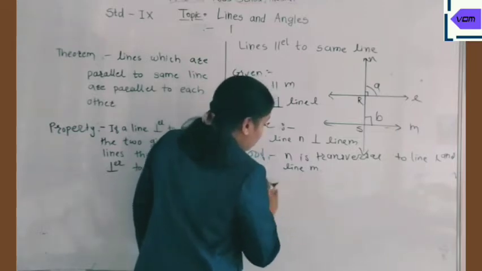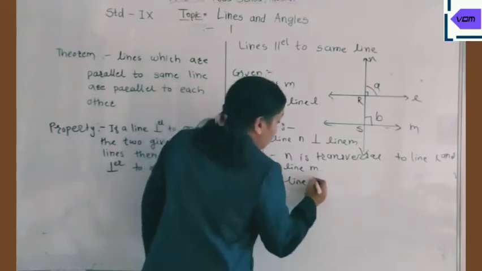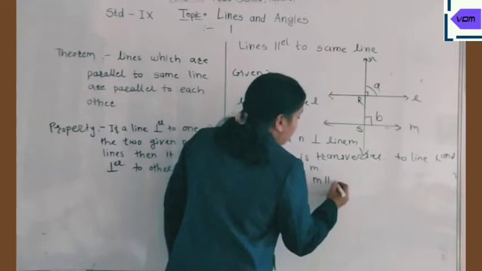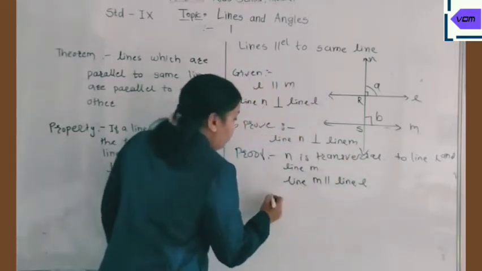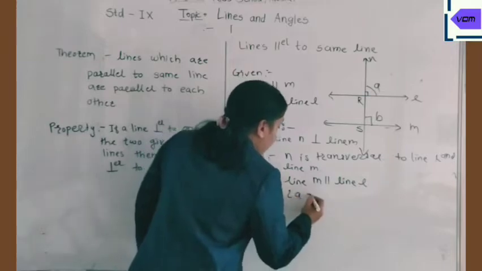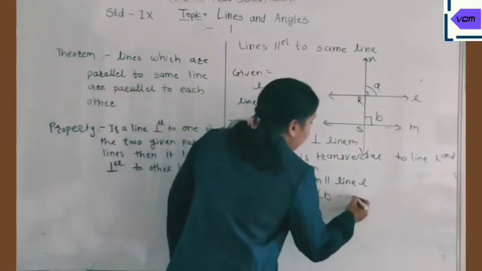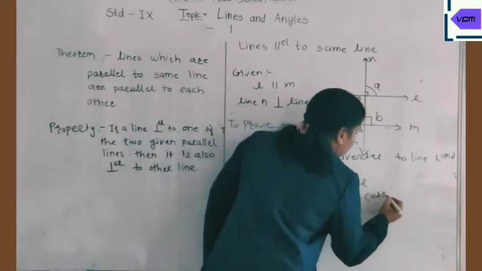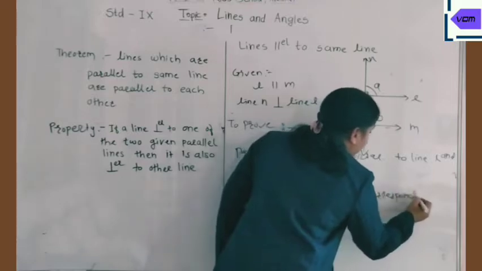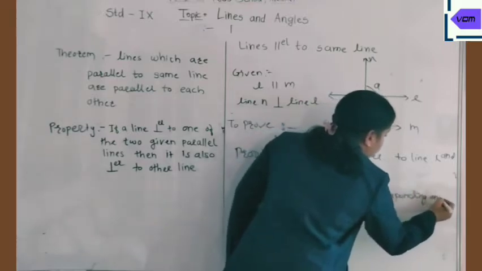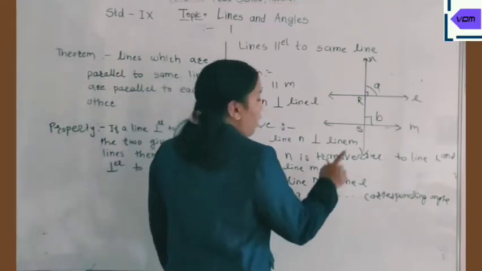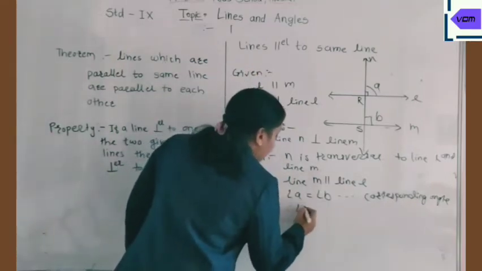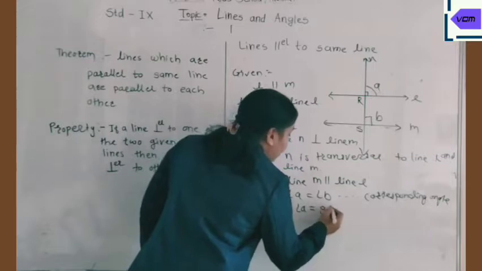But line M is parallel to line L, therefore angle A equals angle B, as these are corresponding angles. So by the corresponding angle axiom, angle A is equal to angle B. But angle A is given as 90 degrees.